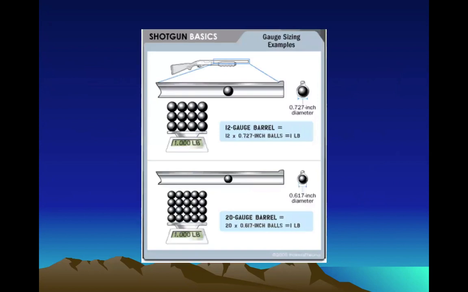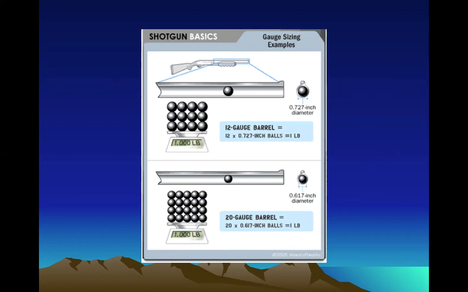This is a picture showing two types of lead balls. The upper one is showing 12 balls, that is a 12 gauge barrel, and they weigh 1 pound.